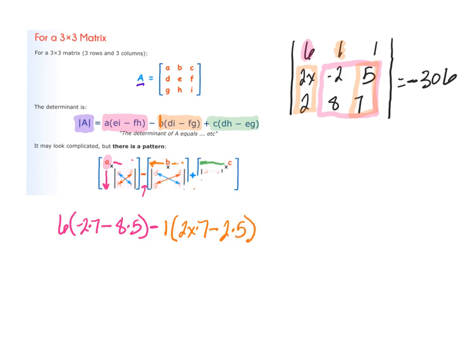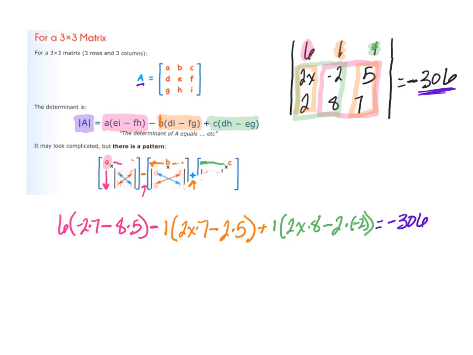Then in between my last two I have a plus. We're going to do the same thing with this one, and not the ones in the same column, so the other two. I'm going to do 1 times (2x times 8 minus 2 times (negative 2)). Sorry, I had to put that one in parentheses. And then that is all going to equal negative 306, because we already know what the determinant is.